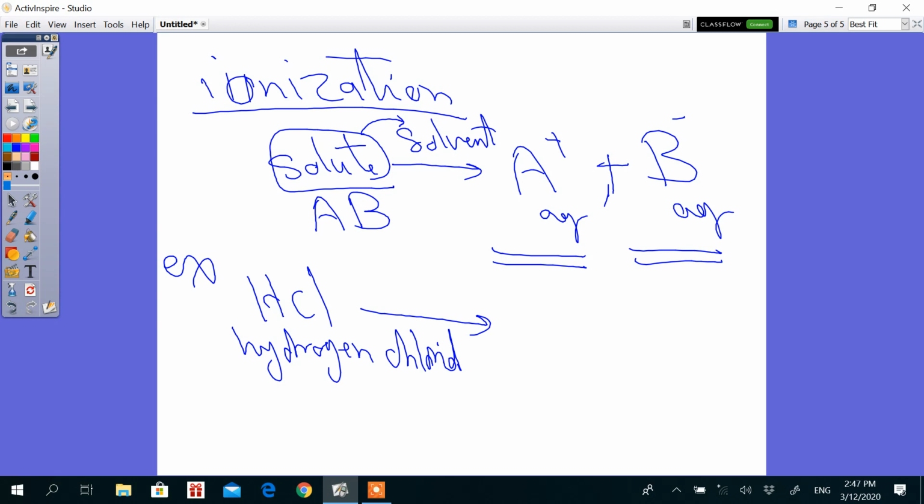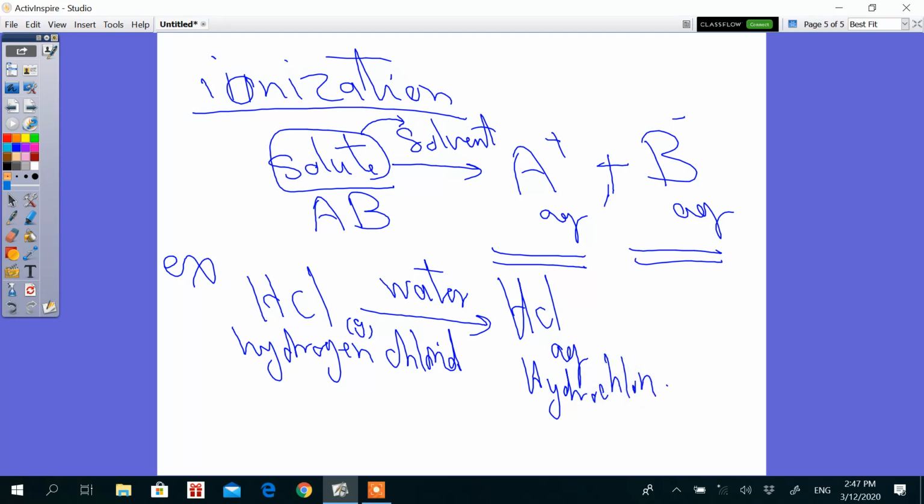No. First, it is hydrogen chloride gas. But when we dissolve it in a solvent like water, it will be HCl aqueous, which is called hydrochloric acid now.